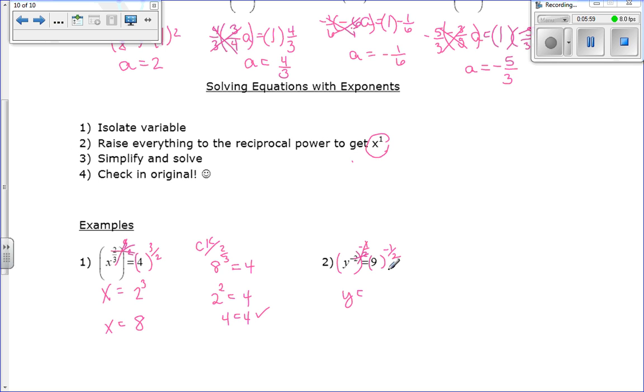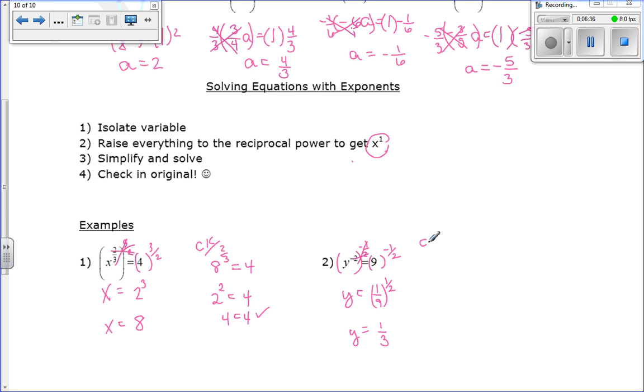That's the same thing as saying 1 over 9 to the positive 1/2, because I have a negative exponent. I flip what's inside, so I get 1/9 to the 1/2 power, so I have to take my root and then raise it to the power. So I'm taking the square root of 9, which is 3, raising it to the first power. And then the square root of 1 is 1, raised to the first power is 1. So I end up with y equals 1/3.